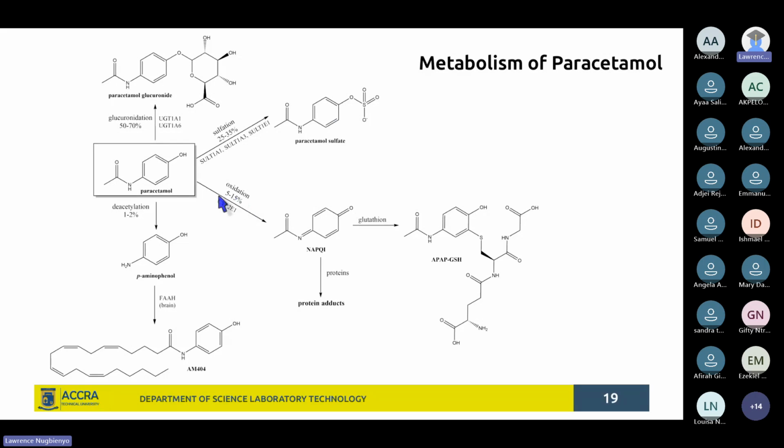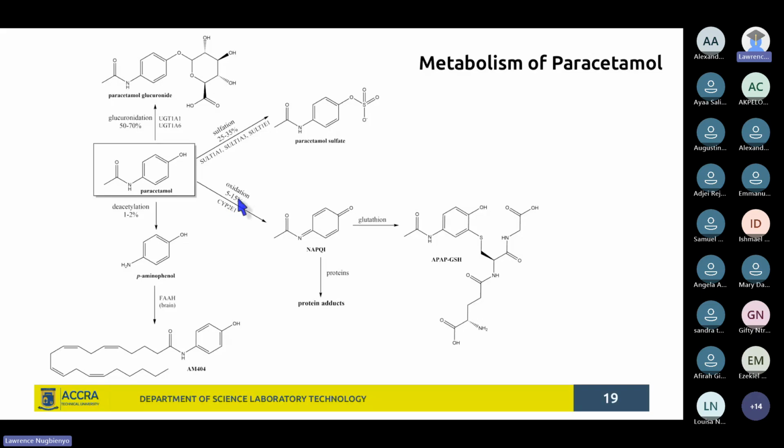So you see, this is a cytochrome P2E1. This is one of the cytochrome P450 enzyme isoforms that we saw, and we refer to it as a major isoform of that superfamily of enzymes having toxicological relevance.